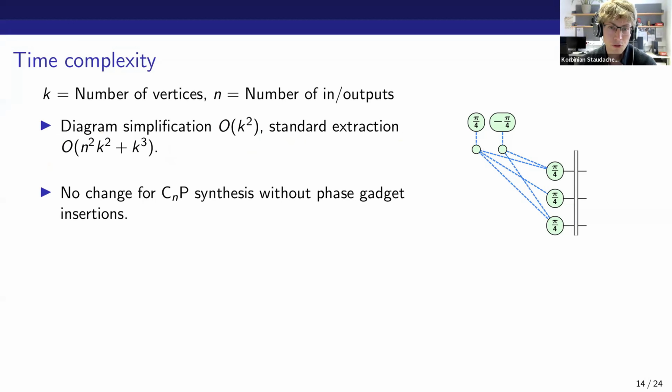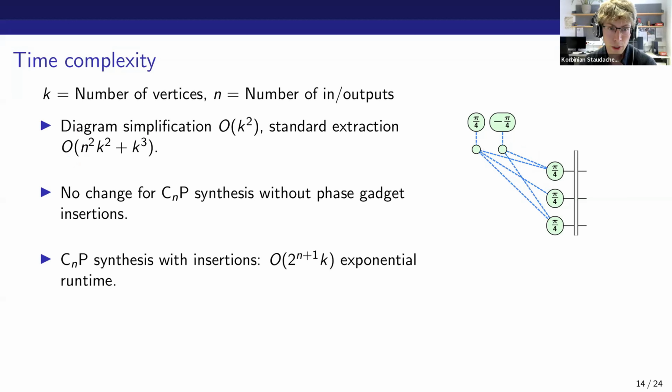And if we do not insert additional phase gadget structures, so if we do not insert new identities like shown in the last slide, then the worst-case runtime complexity stays roughly the same. It is still bounded by this.